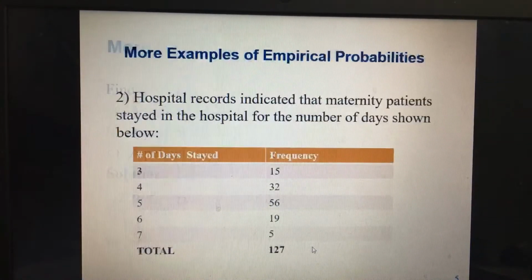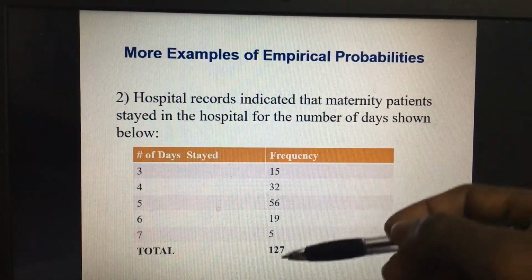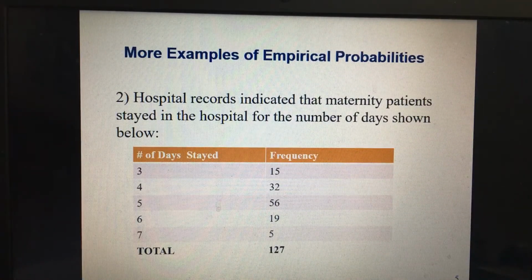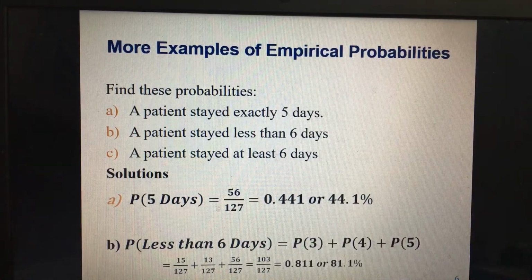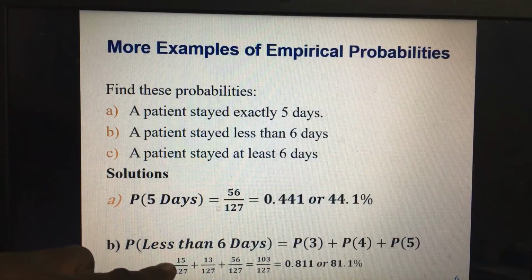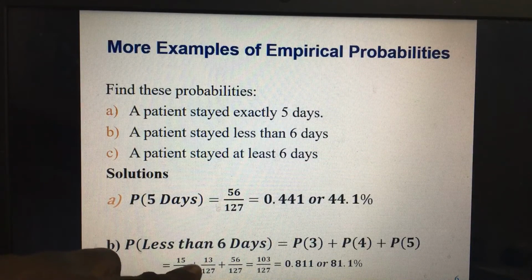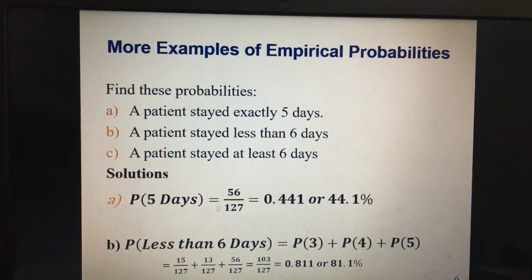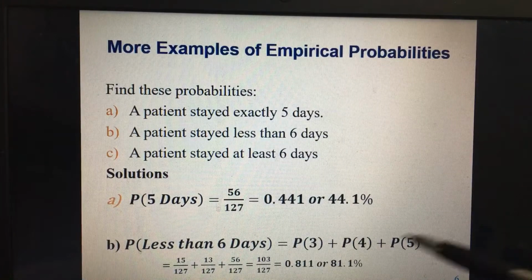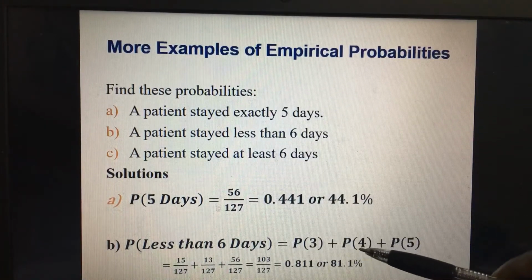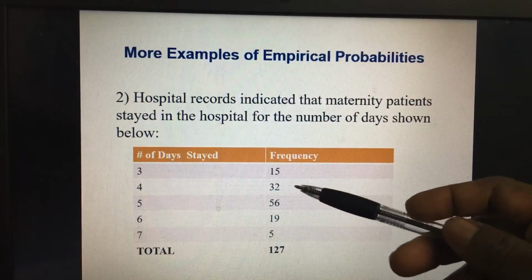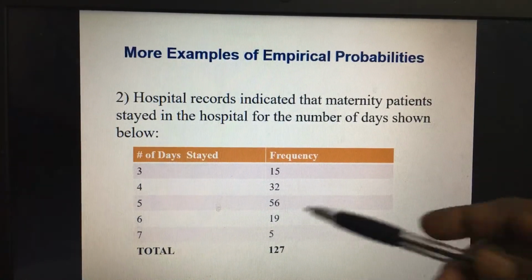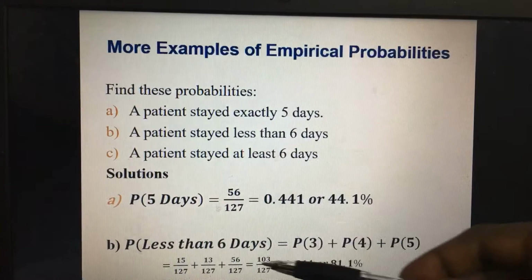From the table, we have 15 out of 127 patients stayed 3 days, and we have it here. How about 4 days? Here, we go to the table. How many stayed 4 days? 32 out of 127. We have it right here.